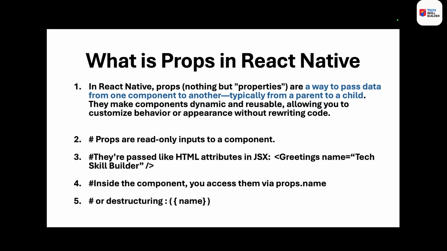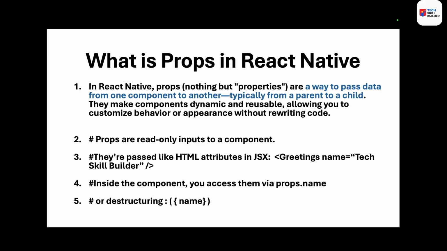But if you use props from parent to child, you just call this greeting component five times, specifying the name to be greeted. This allows you to customize behavior or appearance without rewriting the code. So we don't have to write five different components. Instead, we call that component five times with a dynamic value.